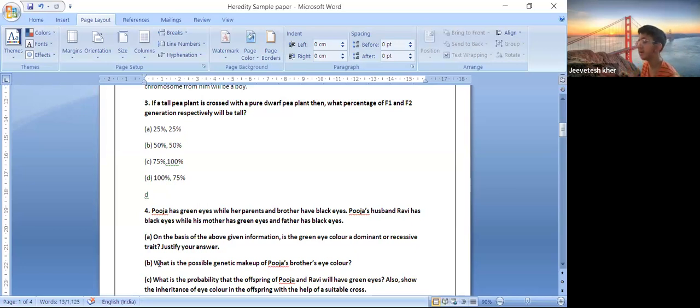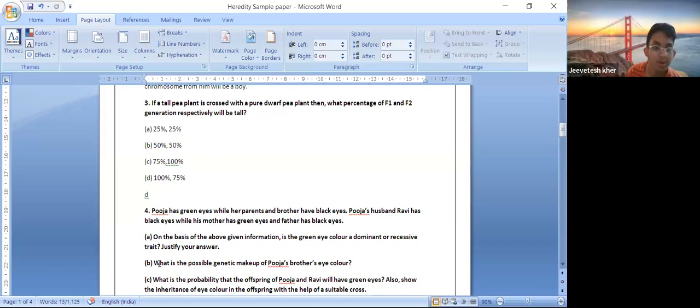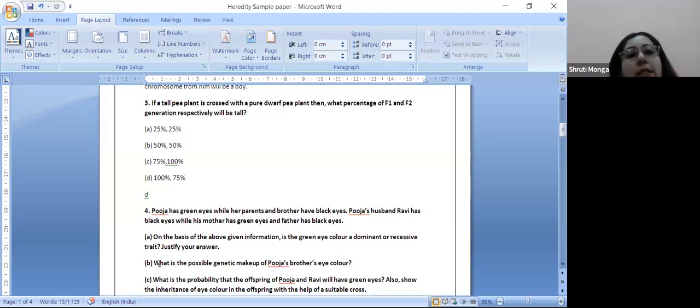So it is clear that black is the dominant trait and green is the recessive trait. Okay, fine. So you have answered this. Now you move to B part. Take your time, solve B and C question. Till then, I want answer from others also. Answer for A. Is green eye color a dominant or a recessive trait?